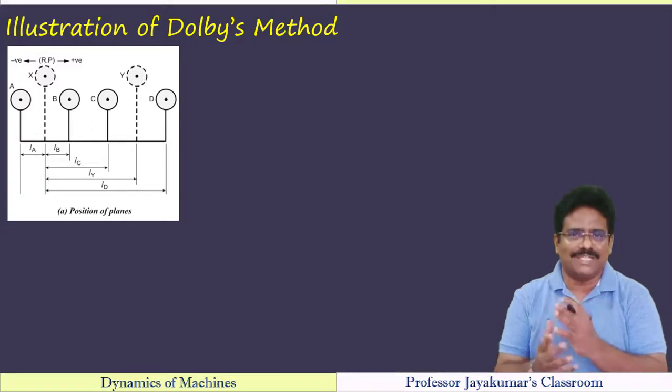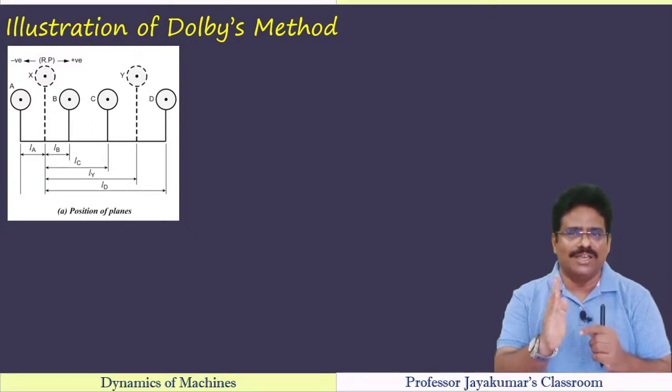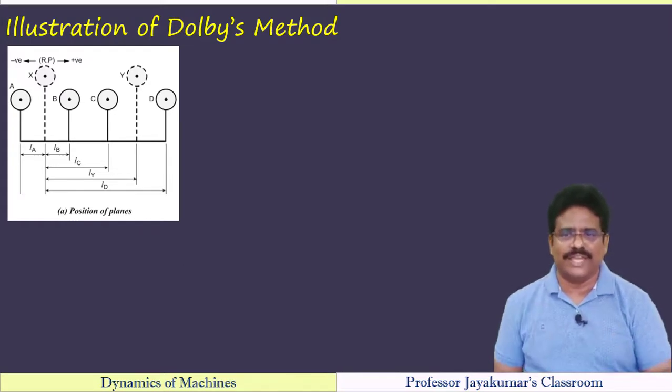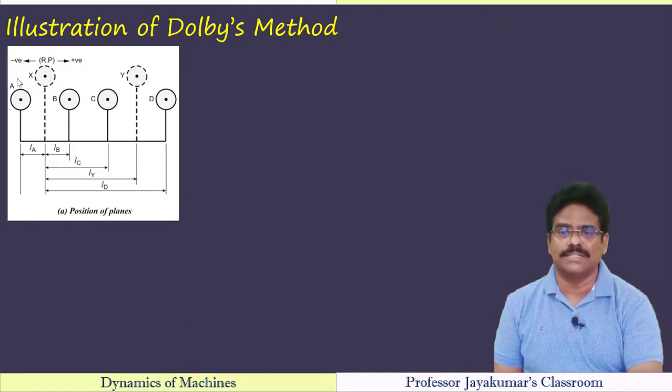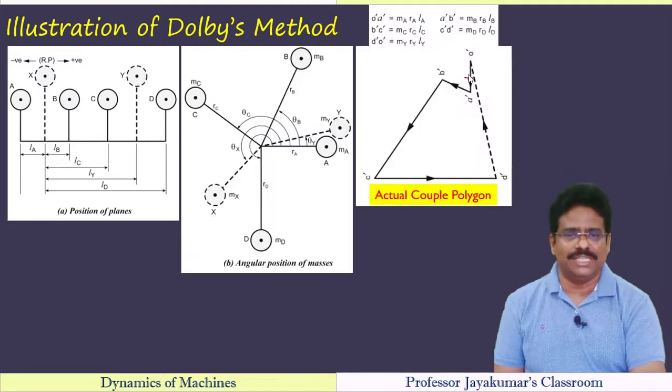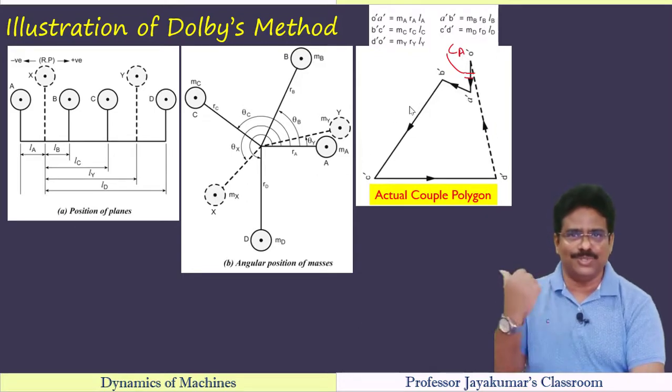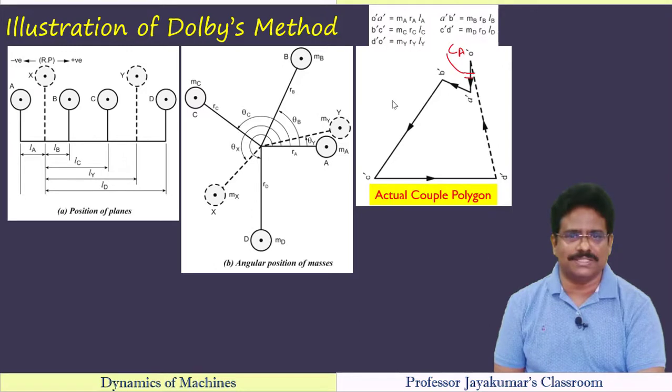What we have discussed is for the transfer of a single force from one plane to another. Now assume we have four masses. This is the couple due to mass 1. This is the actual direction. How did we get the direction? Using the concept that we have discussed.